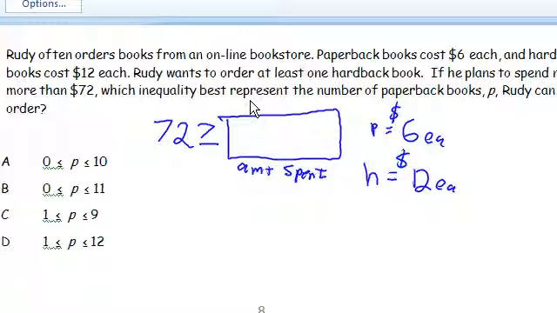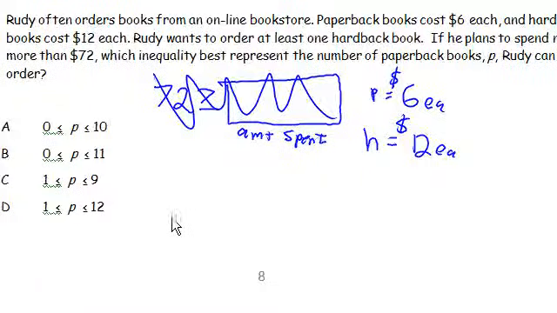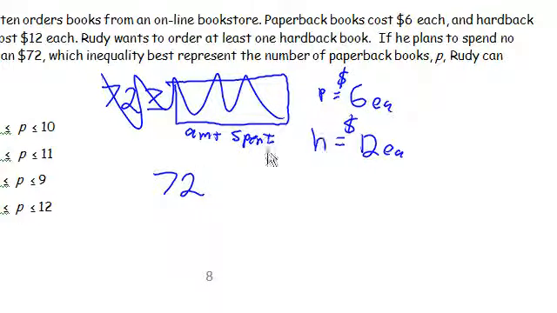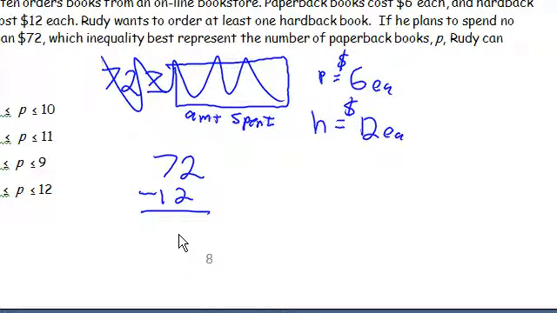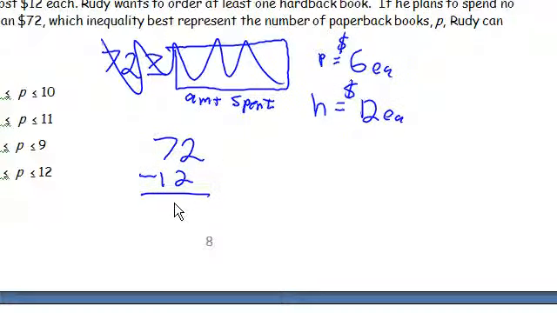Which inequality represents the number of paperback books Rudy can order? Okay, so we're not going to need that. We need it in terms of books. So $72, well, we know that he's going to order at least one hardback. So let's just subtract the cost of that initial hardback to figure out how much money he has to work with to buy paperback books. So that's $60.